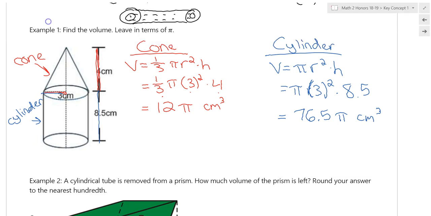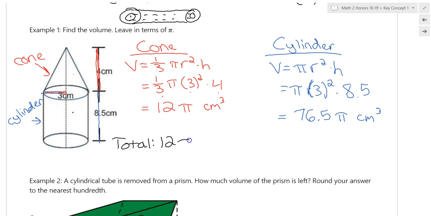And the last thing I need to do is find the total volume. So then, to find the total, you have to think if you're going to add or subtract. This and this, they're stacked on top of each other. I'm just combining them. This isn't inside that one or anything.